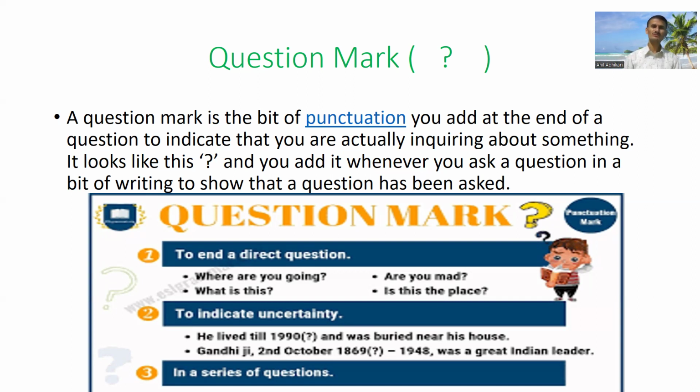But sometimes it is used to indicate uncertainty. For example, he lived till 1990 (?) and was buried near his house. Gandhiji, 2nd October 1869 to 1948, was a great Indian.